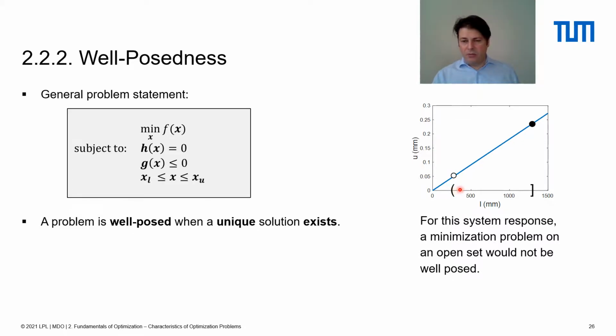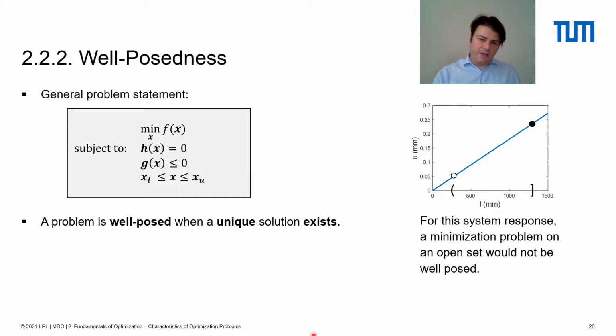But you could move arbitrarily close to that boundary value, but not get on the boundary. And for the optimization process, that means you can approach that point further and further, but the point itself is not included. So there is no way to mathematically express the minimum of this problem, and therefore the optimization problem would not be well posed.